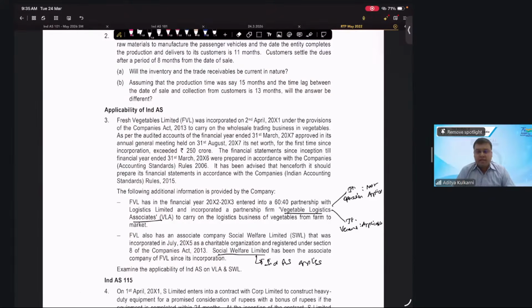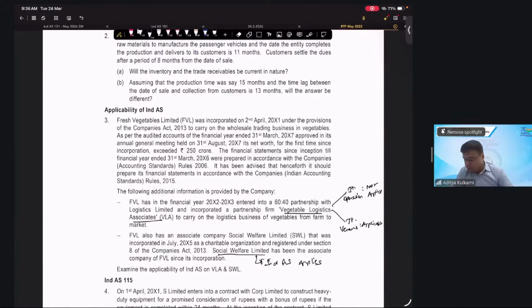So they came together, joined hands, contributed towards equity share capital of Tata Singapore Airlines Limited, and that Tata Singapore Airlines was running the operations of Vistara. So therefore, that is a joint venture. For Tata Singapore Airlines Limited, you would typically be having Ind AS applicable because it is a separate legal entity.